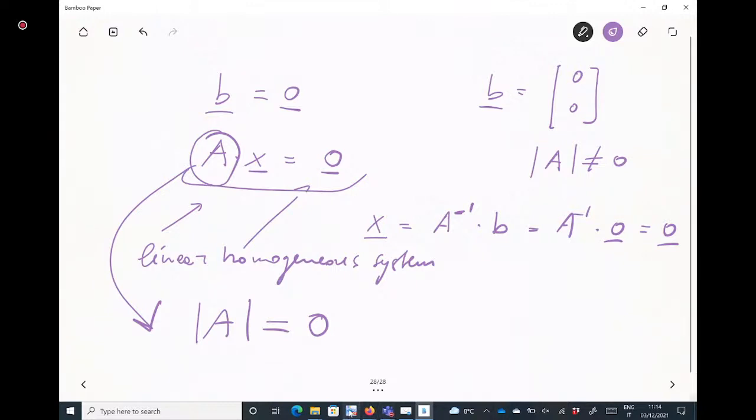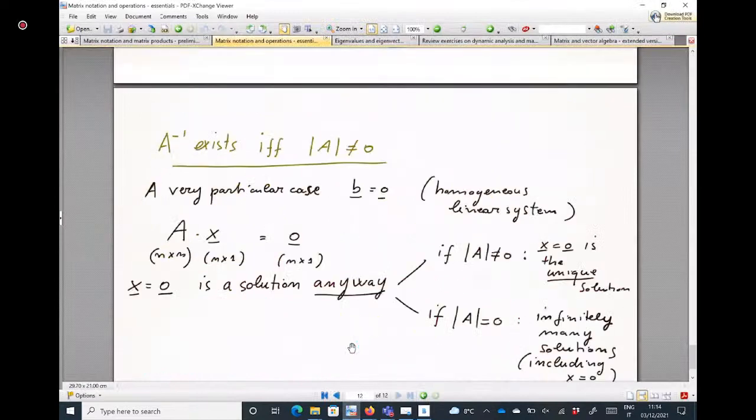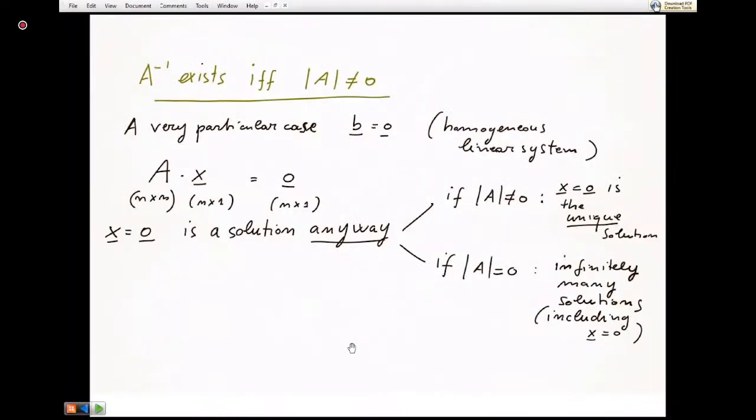Now, here is a summary, a schematic scheme. If we have a homogeneous linear system, Ax equal to 0, we know that x equal to 0 is a solution anyway. It is called the trivial solution. If the determinant is different from 0, x equal to 0 is the unique solution.